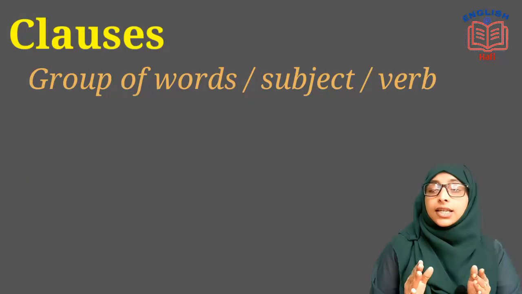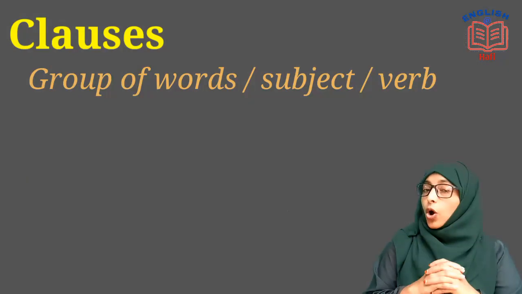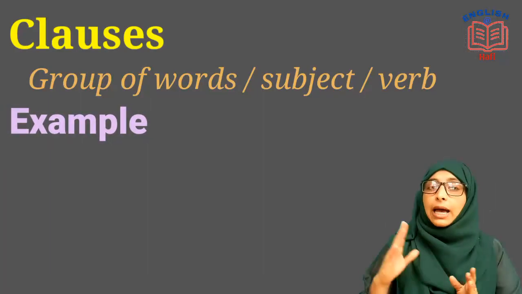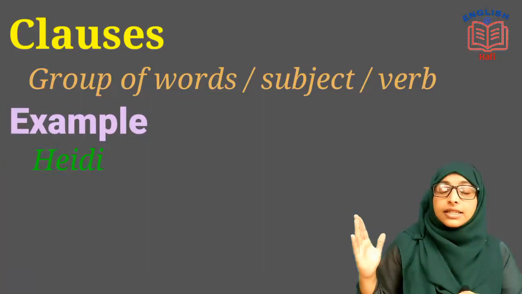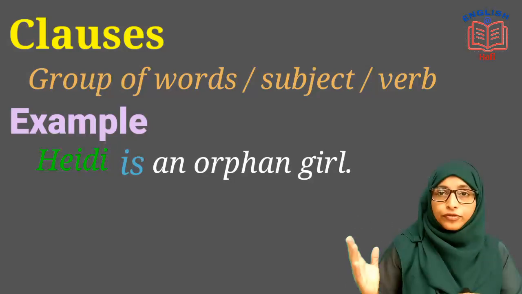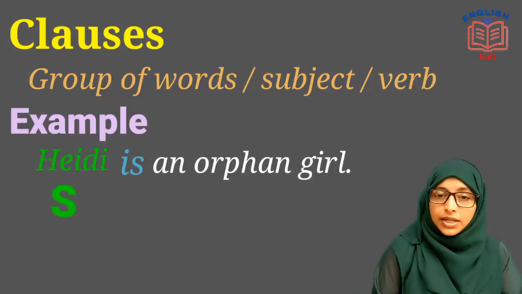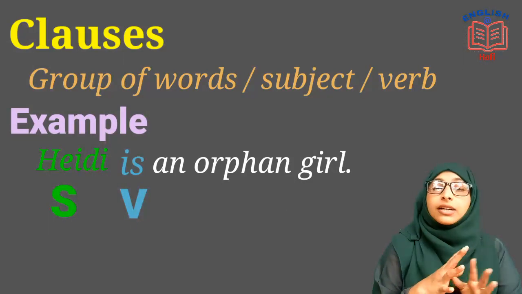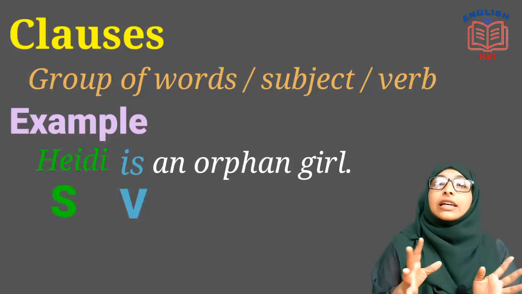All the sentences are clauses, but all the clauses are not sentences. For example, Heidi is an orphan girl. Heidi is the subject, is is the verb, and hence here the meaning is complete and it becomes a clause.